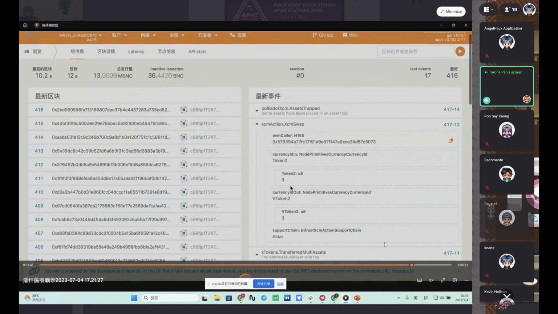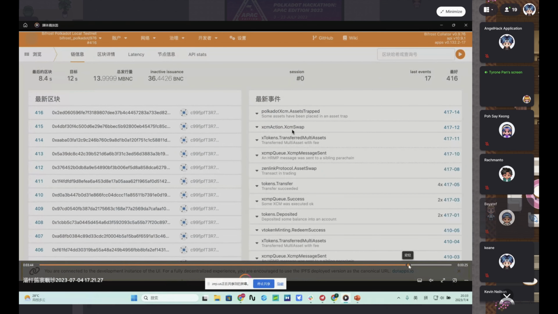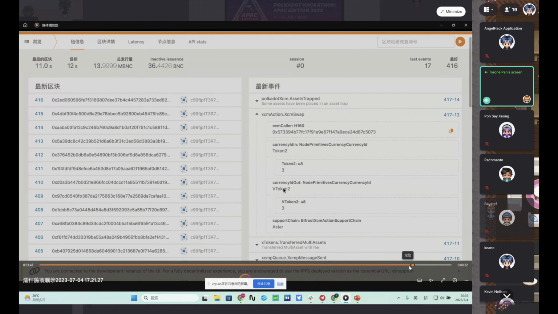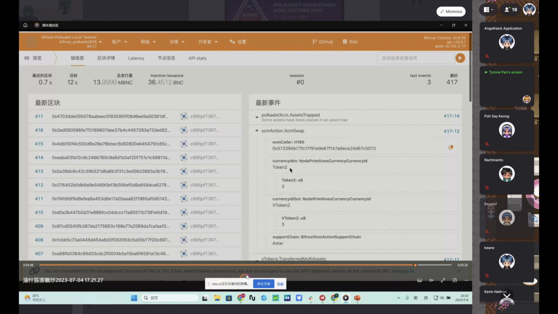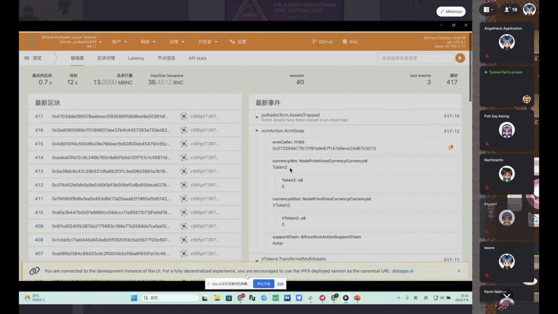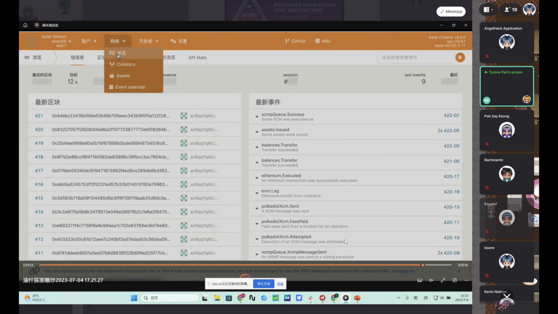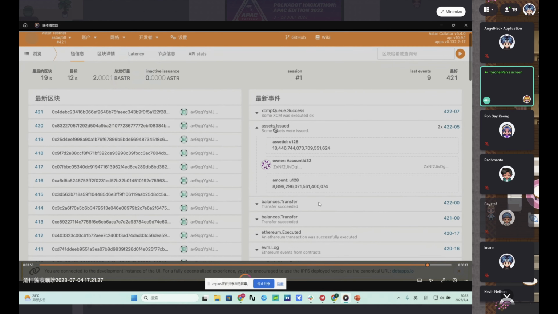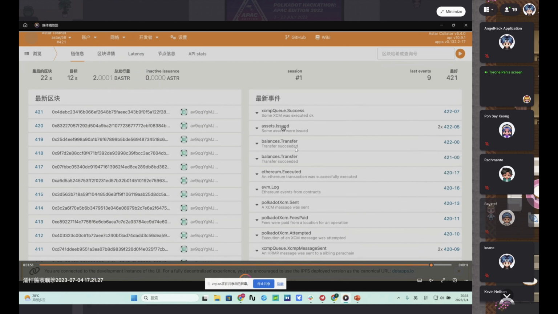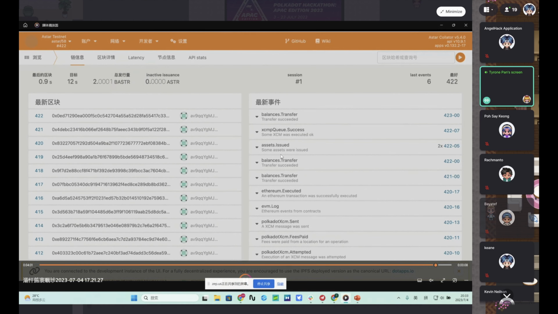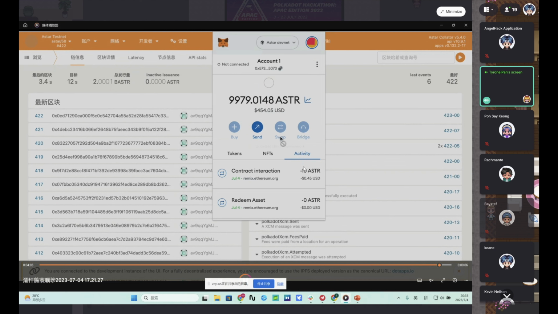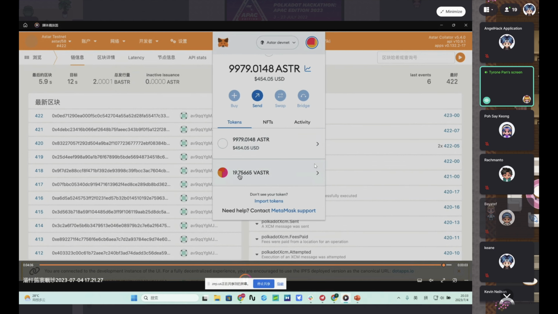All right, succeed. Okay, on the Bifrost side, you can see that token 2 to 3 has been swapped to vToken 2 to 3, and the vToken 2 to 3 has been issued on the Astar side. So as with Moonbeam, the use cases are the same with Astar.